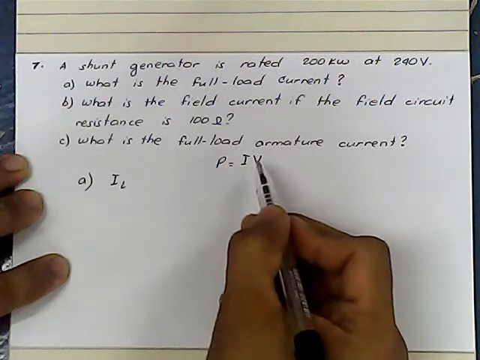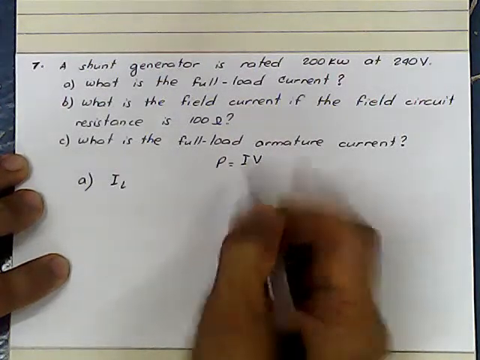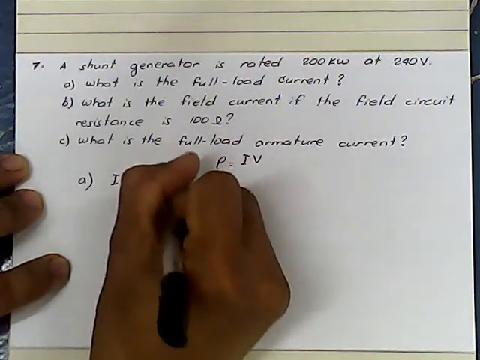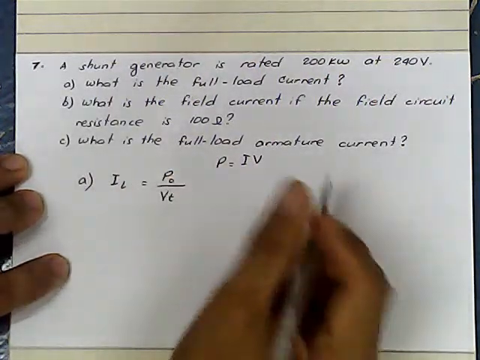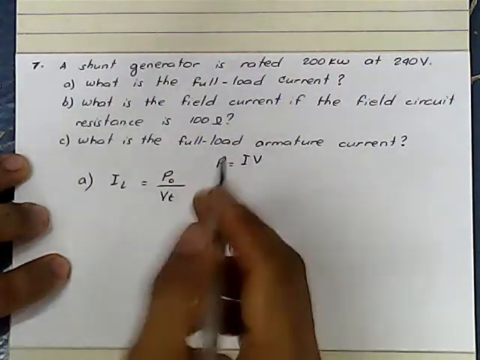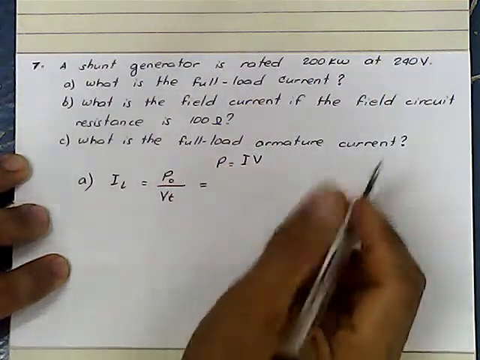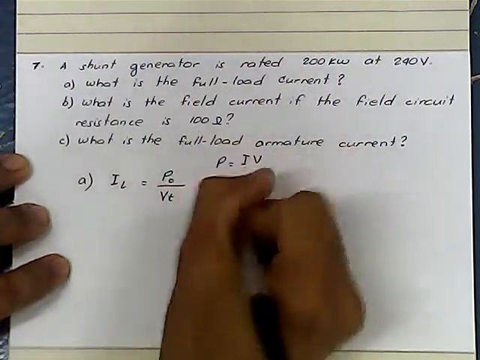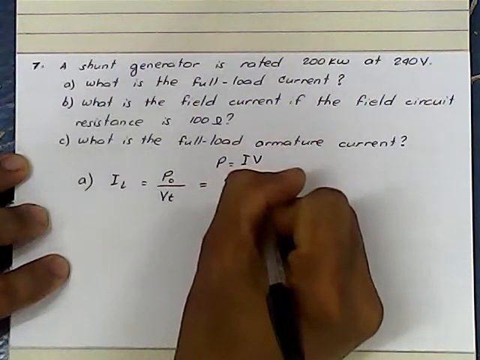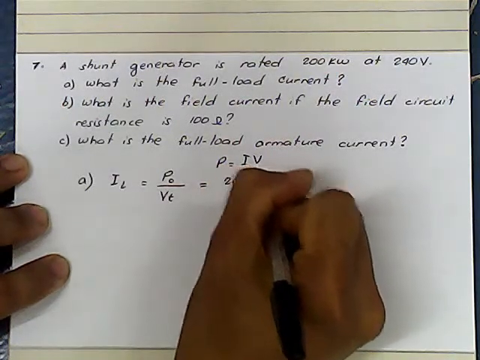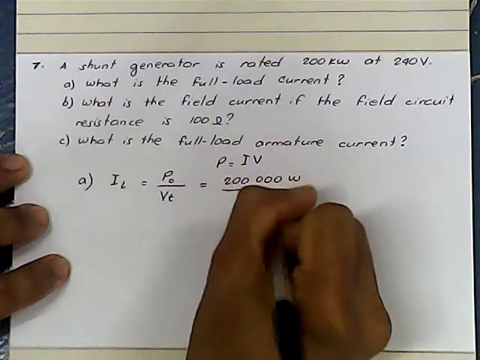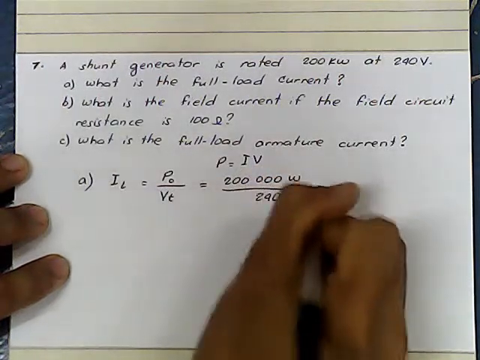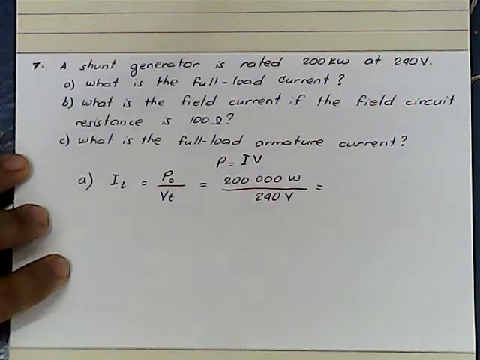So, we just cross-multiply the V, it goes to the bottom. We're going to have the power output divided by the terminal voltage. This will be our formula for that one. Now, the power is 200 kilowatts or 200,000 watts. Divide this by 240 volts. Let's compute.